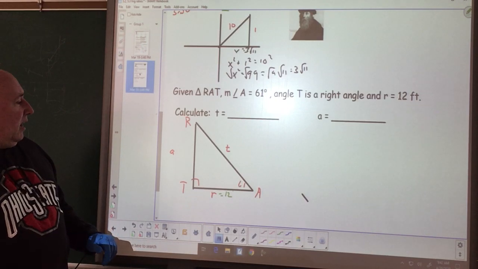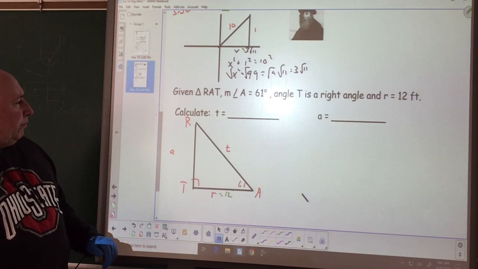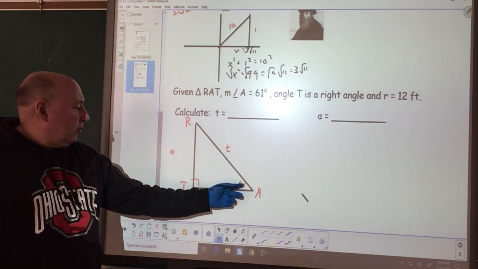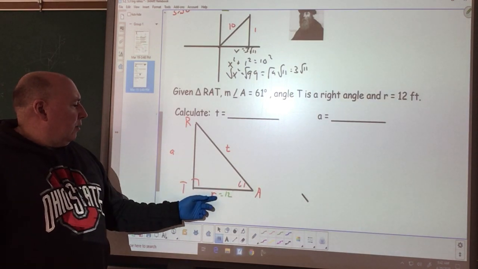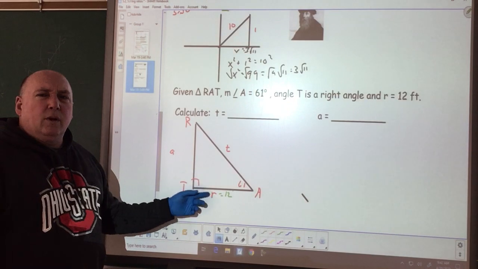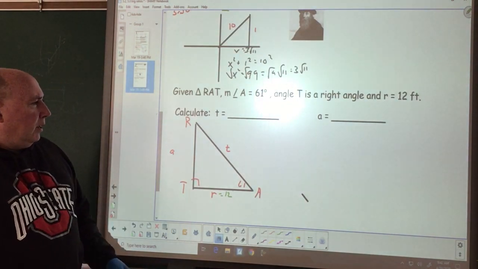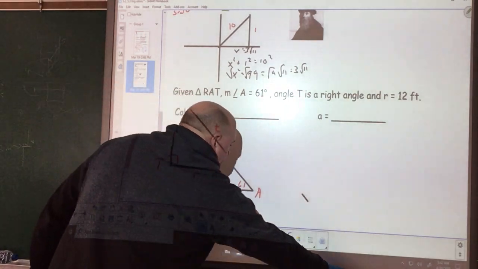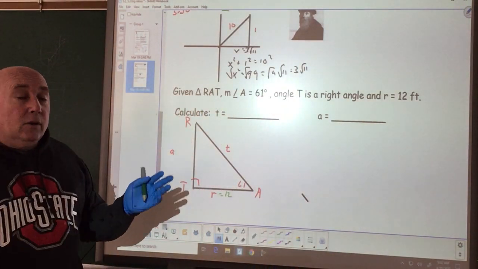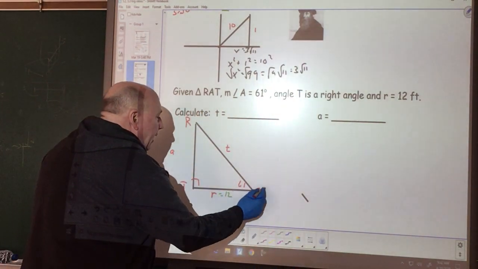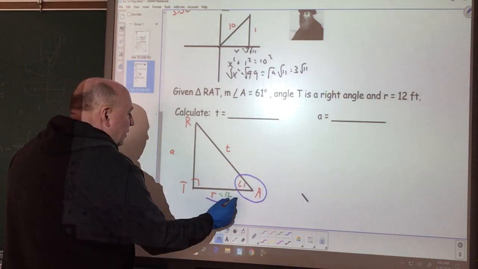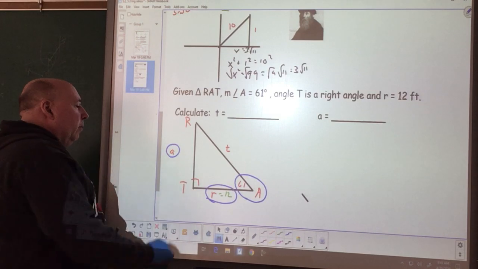Well, if we find little t first, let's see here. This is 61 degrees. Let's find little a first. We'll do the easier one first. Our little a. What we have to ask ourselves is, which trig ratio relates our angle we know to the side we know and the side we want to find?